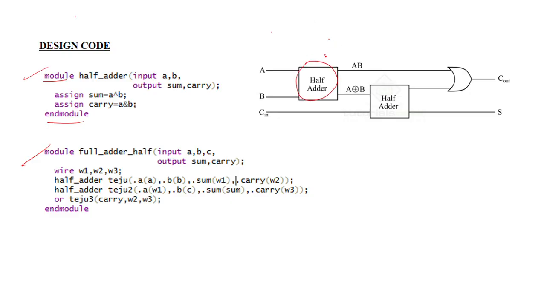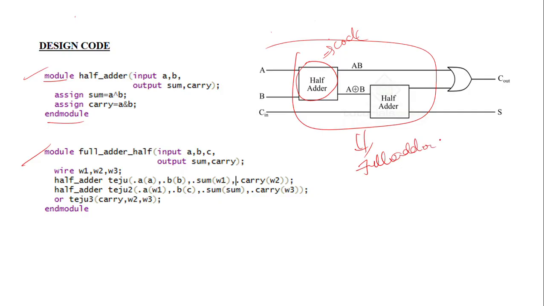So we write the half adder in Verilog, and using the half adder code we design the full adder code. On the Verilog side, first you write the half adder code, then you use these half adder modules to design the full adder. So first you simply write the half adder code, which we already discussed in the previous video. Module half adder, it is our module name.